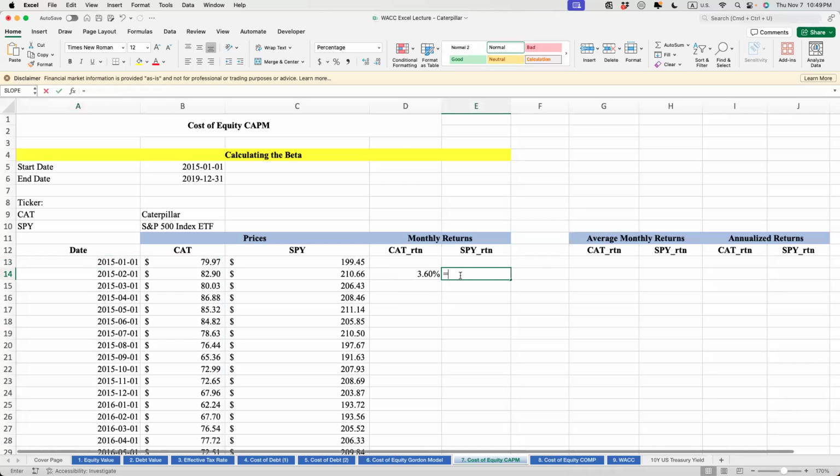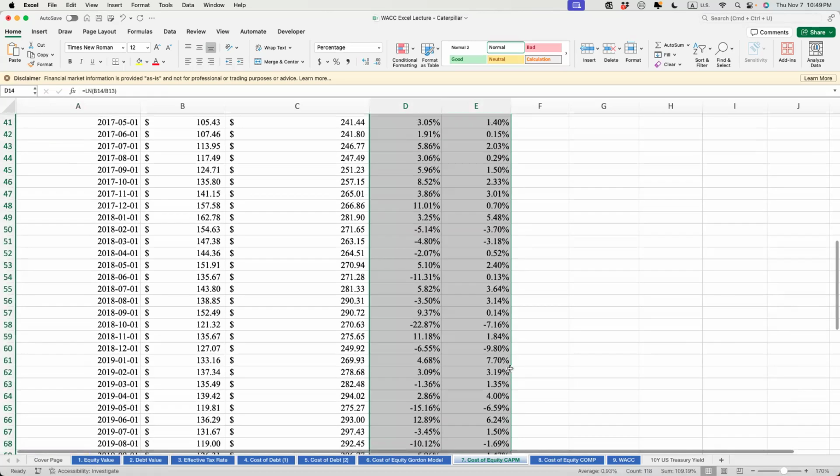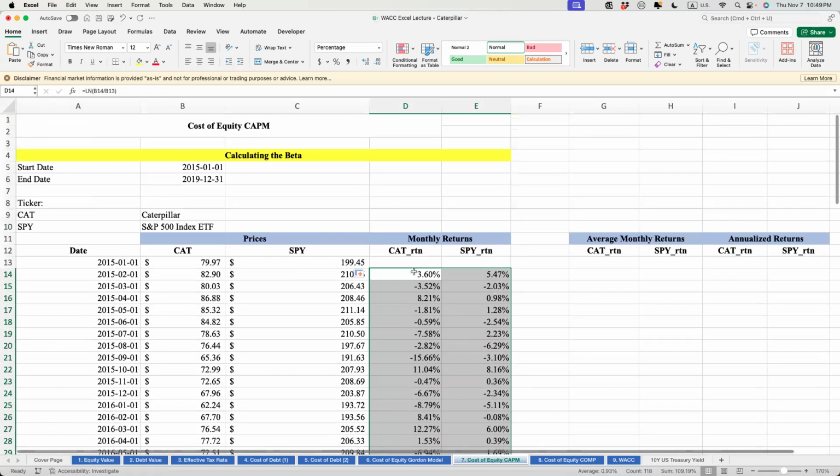For SPY, we do the same thing. We use a natural logarithm here, of the February price divided by the January price. You get a return. And then basically you just do exactly the same thing. Technically speaking, we can just copy all the formulas over. So these two columns represent the returns for both Caterpillar and SPY.